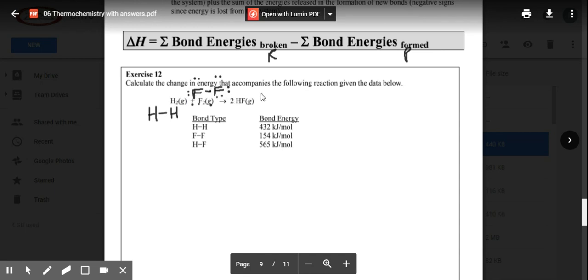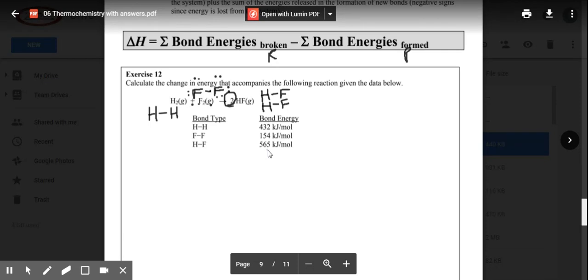So now let's look at HF. HF is going to look like this. H bonded to a fluorine. Now notice that there is a 2 coefficient right there. So what that means is that there are 2 of these structures. This is why I like to sketch out these bonds, because you might say, oh, well, there's an HF there.